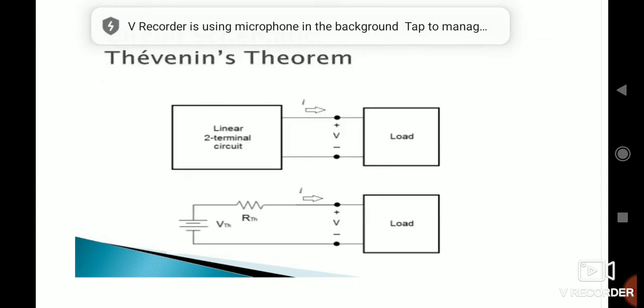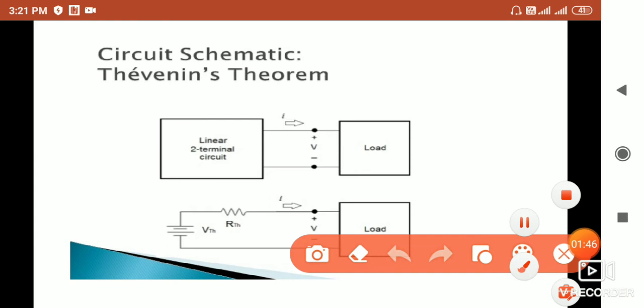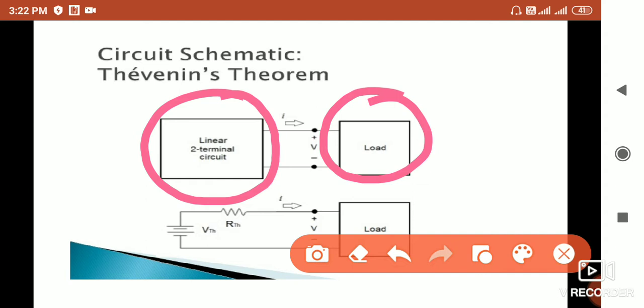So this is the Thevenin theorem block diagram. Here we can clearly see that this is the network and this is the load part where we want to calculate the Thevenin equivalent circuit, across A and B. This is the terminal, or we can say this is the load. So what is this network?